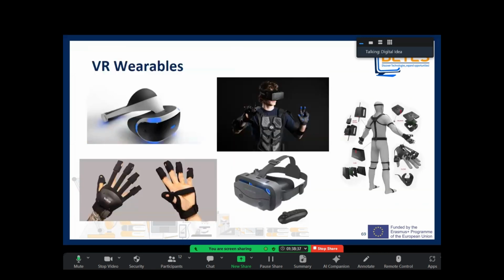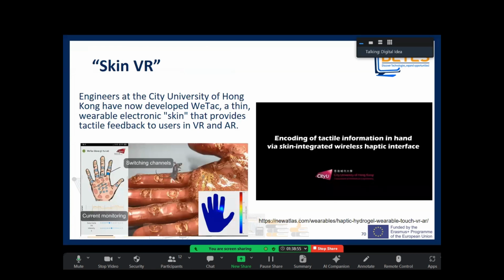Several devices are wearable for virtual reality: the helmets, the gloves, the full body suits, and it's just a very small sample of what is available today as technology in the market.